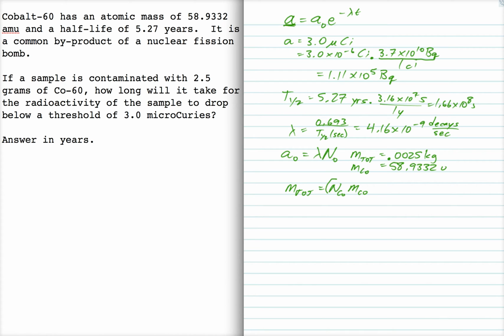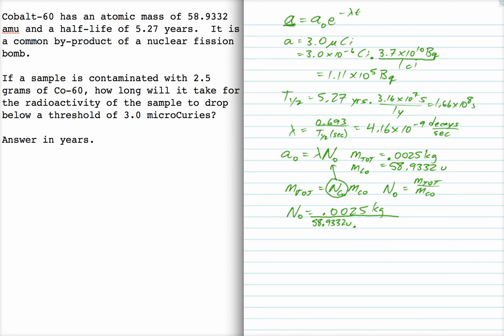Okay, well, the number of cobalt atoms that's present originally, that's N naught. Okay, so the number of cobalt atoms is equal to the total mass divided by the mass of cobalt. Now, let's see. So the total mass, 0.0025 kilograms. The mass of cobalt is 58.9332 AMU, but see, I've got to convert that into kilograms.